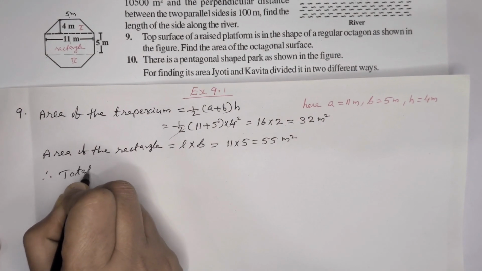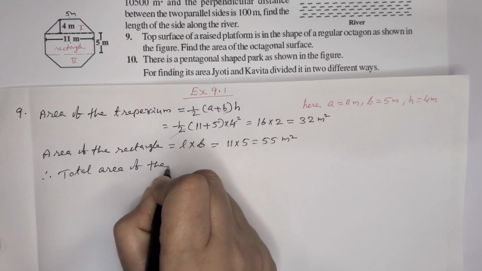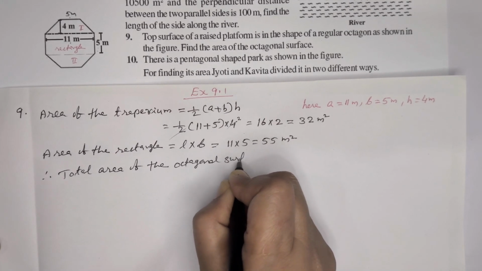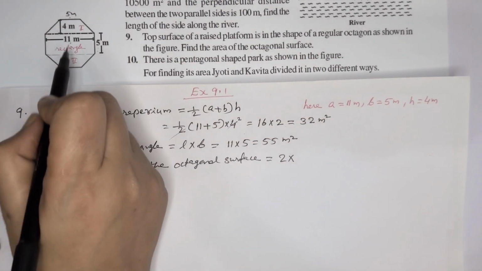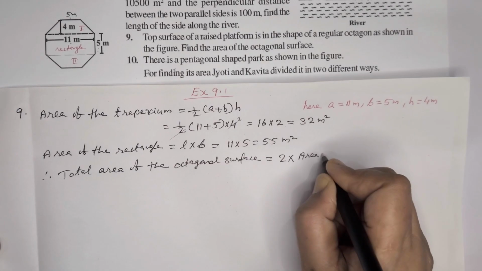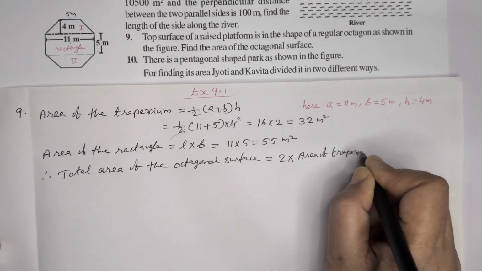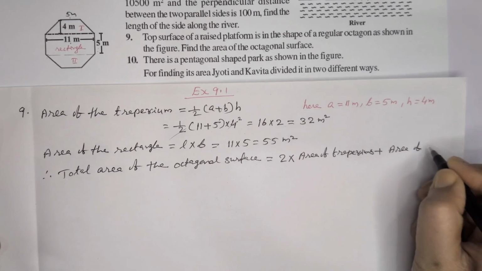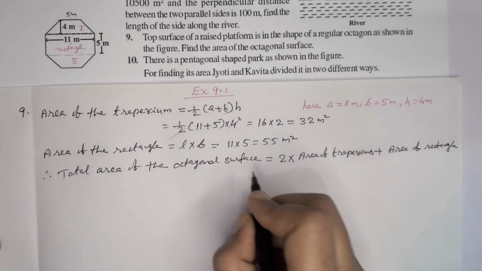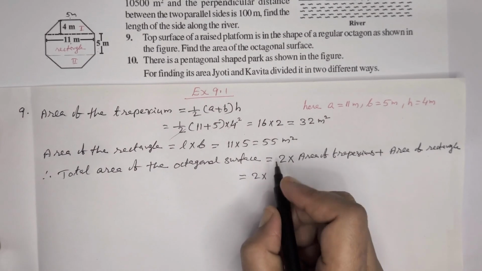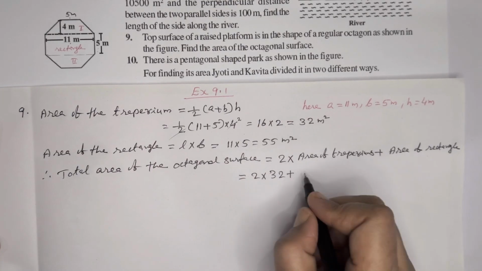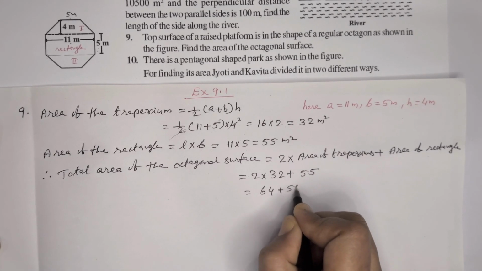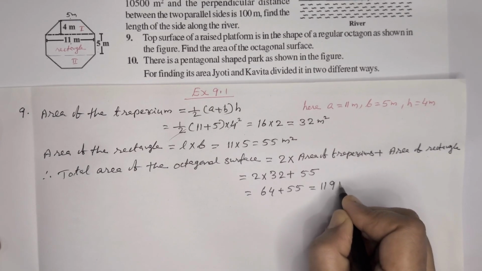Therefore total area of the octagonal surface is equal to 2 into area of trapezium plus area of rectangle, which is equal to 2 into area of one trapezium is 32, that plus area of rectangle is 55, which is equal to 2 into 32, that is 64 plus 55, which is equal to 119 meter square.